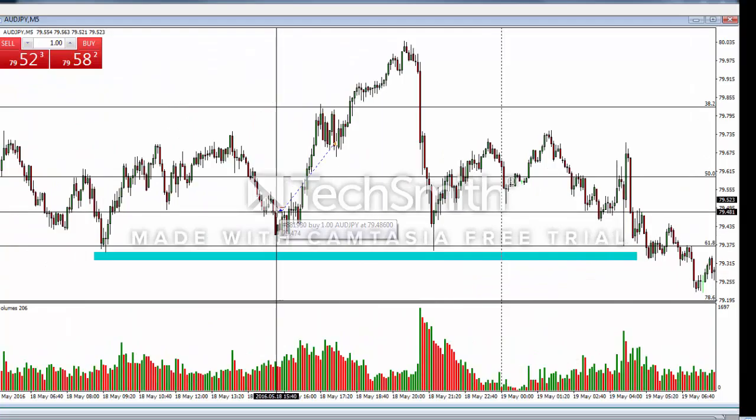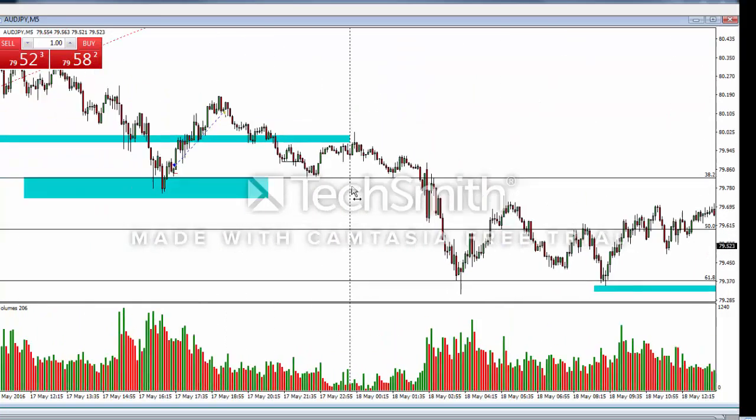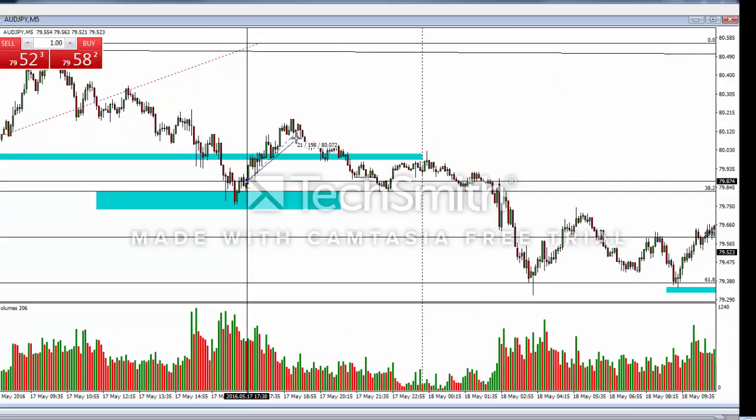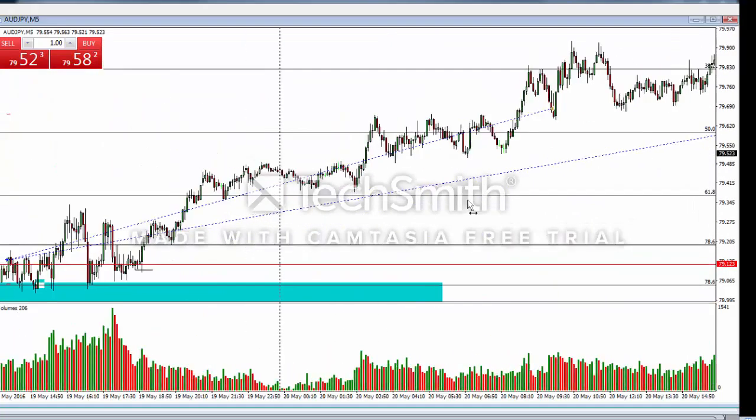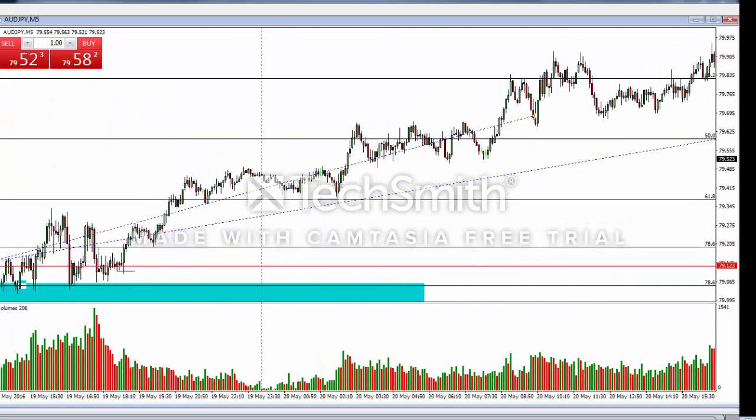So the actual drawdown was 4 pips, 0 pips, just went straight to target. And this one, slightly bigger, 12 pips. There you go.